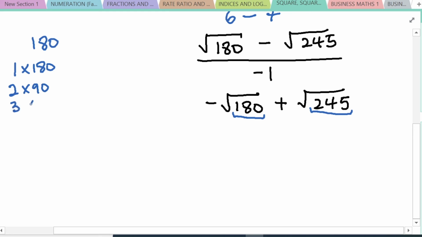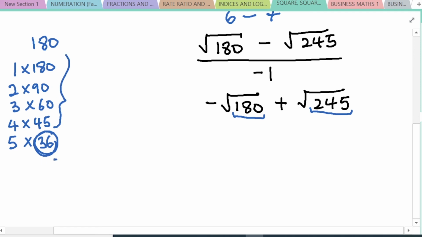We have 3 times 60. We have 4 times 45. We have 5 times 36. You realize that 36, we can get the square root of 36 perfectly, unlike the rest. So we shall choose this pair, and we shall simply come here and say this is minus the root of 5 times 36, like that.